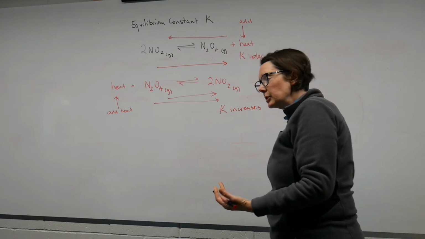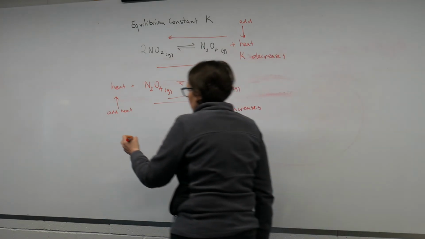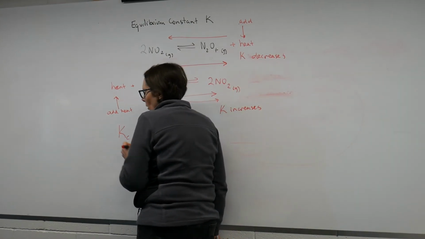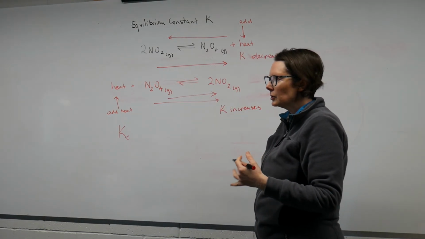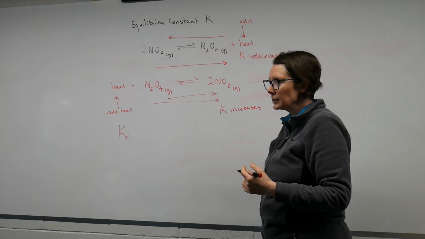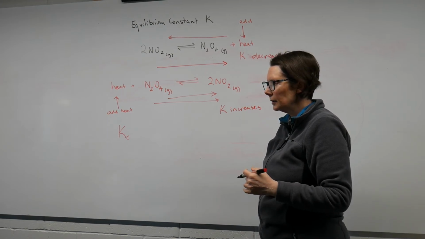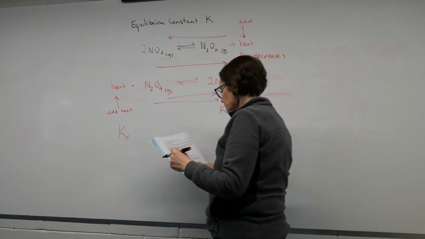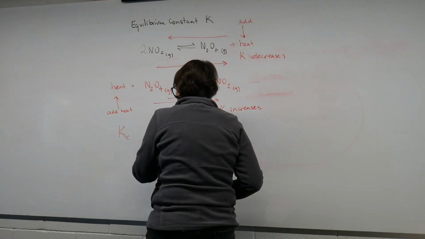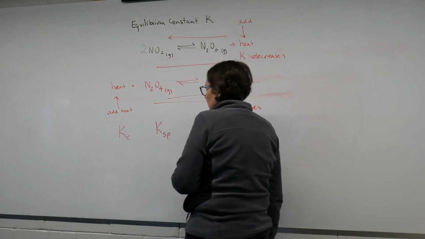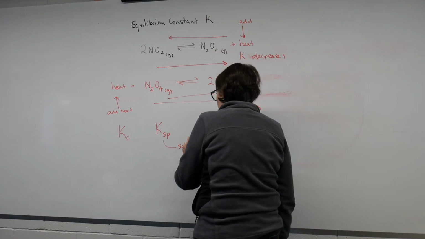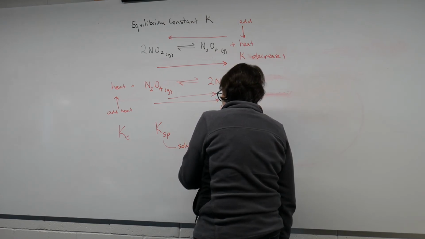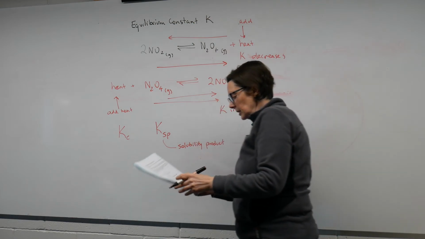Now, there are lots of subscripts we can use. So you often see that one for concentration, and we can use that one for gases as well as in solution. But there's another important one, and that's KSP, and this is the solubility product. That's what the SP stands for.